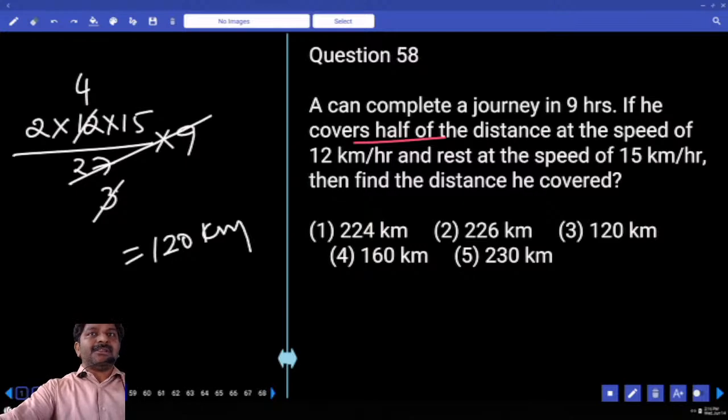In the same question, with a little bit of change, you will get altogether a different answer.